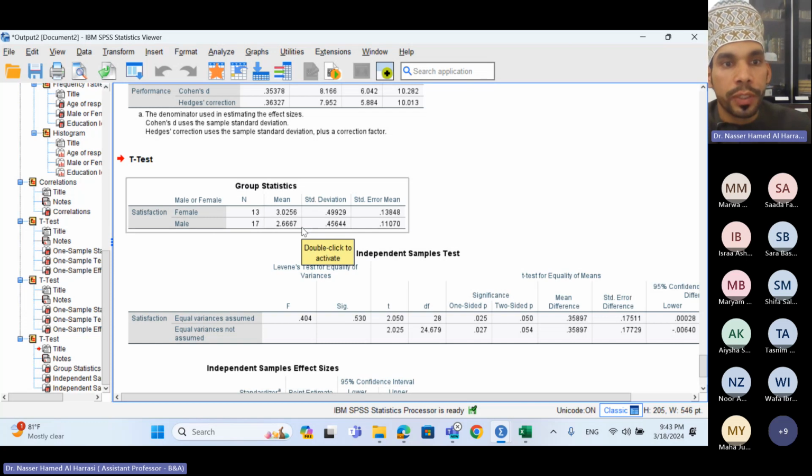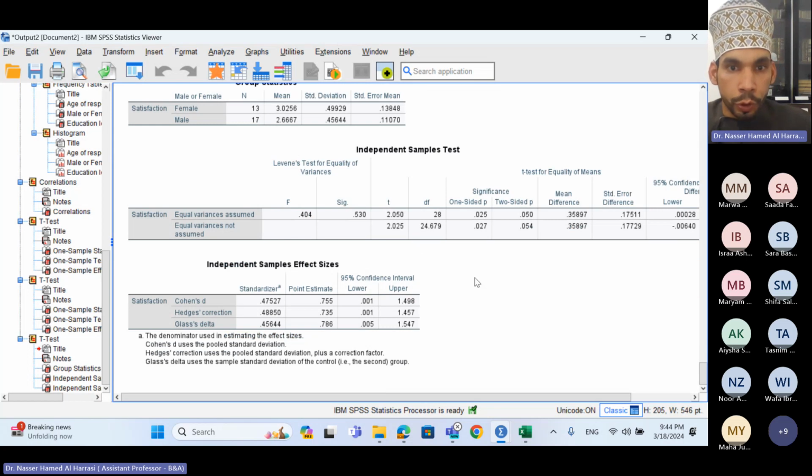Who's happy more? Who's satisfied more? Male or female? Female. Why? Because the mean is more than male. The mean of female is 3. That means they are close to agree. The male 2.6. That means they are dissatisfied. They are not happy with the work.